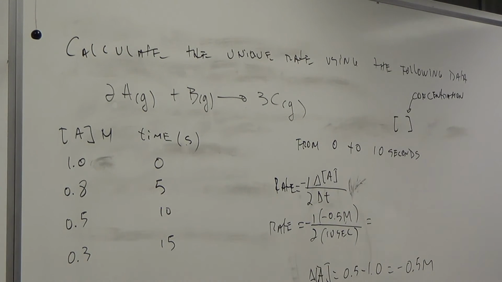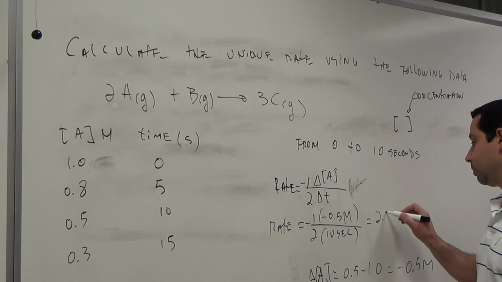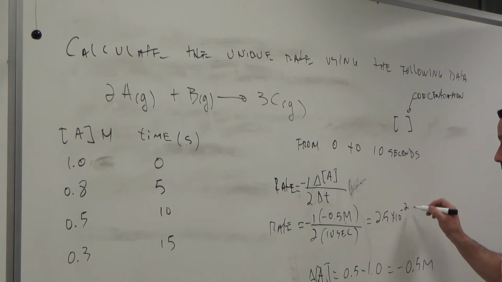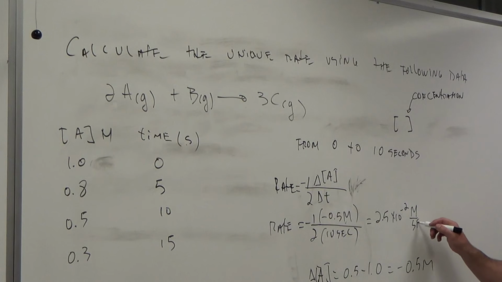I get 2.5 times 10 to the negative 2. 2.5 times 10 to the minus 2 what? Molarity per second. Very good. Okay. How's that? That's the first question on the next test, okay?